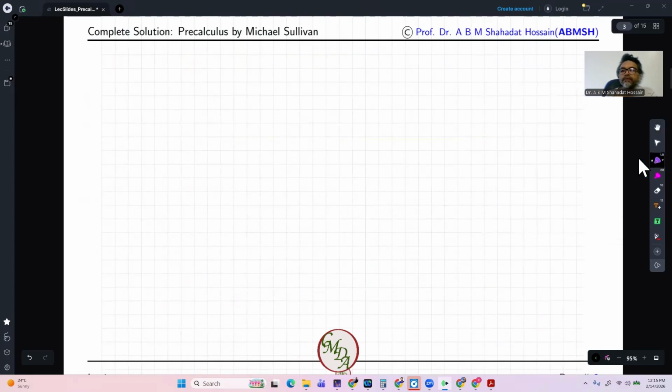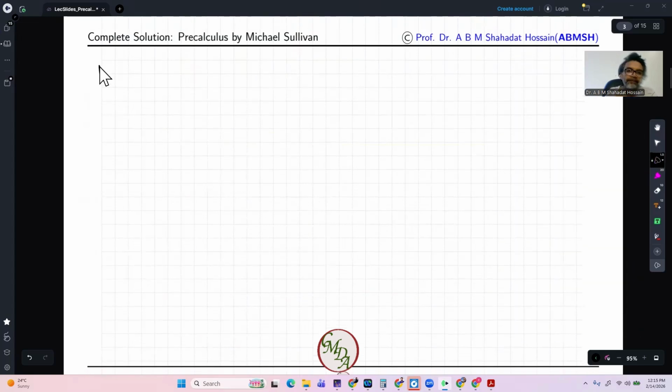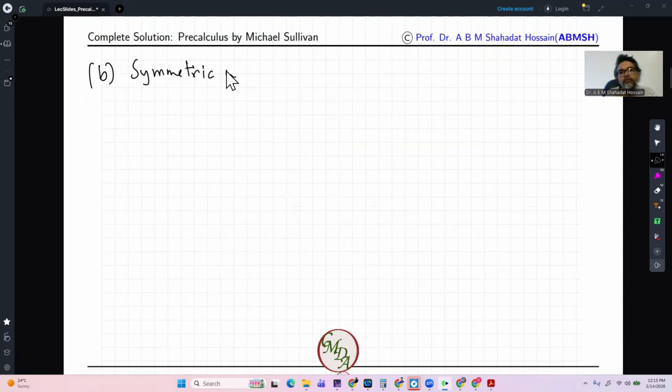In a similar manner, we can now discuss part B, symmetric with respect to the y-axis.